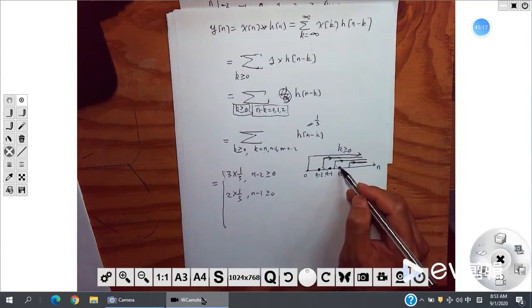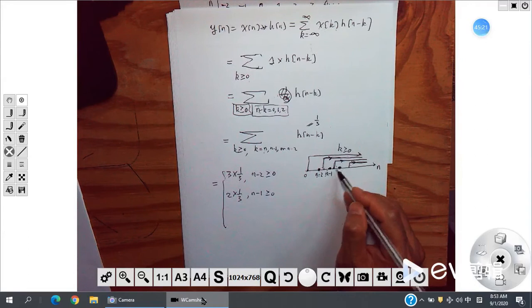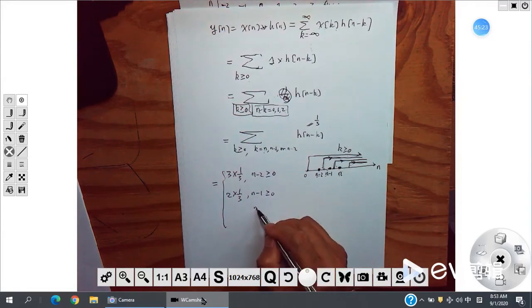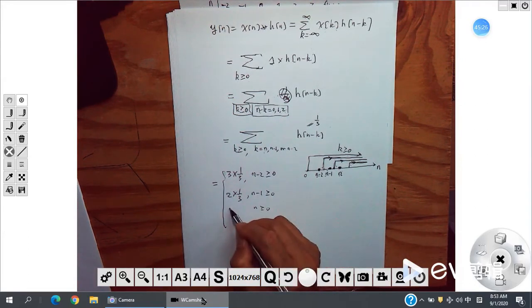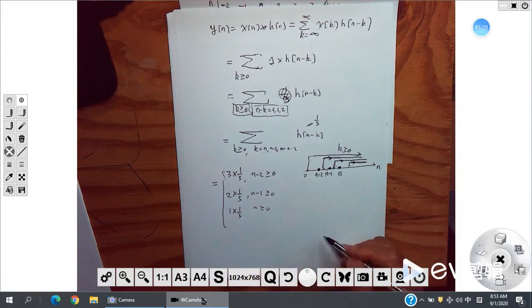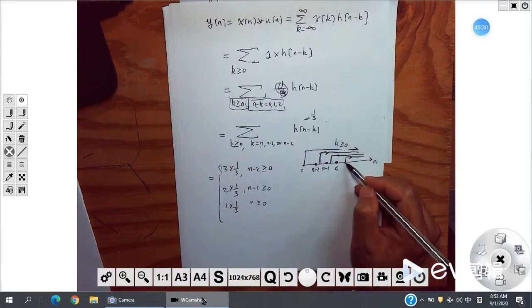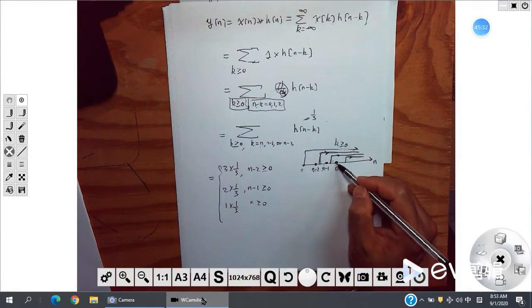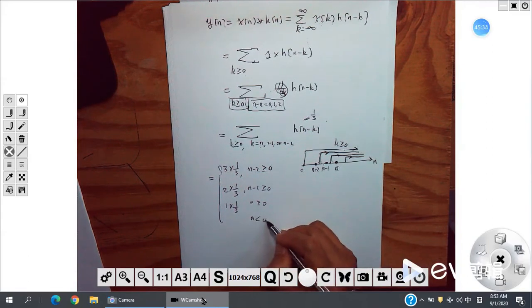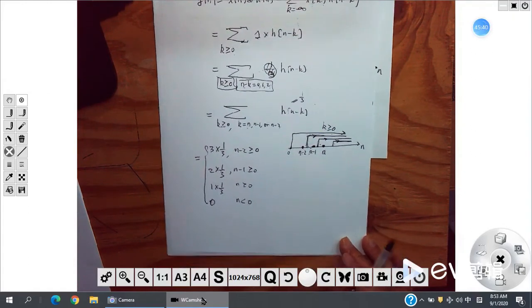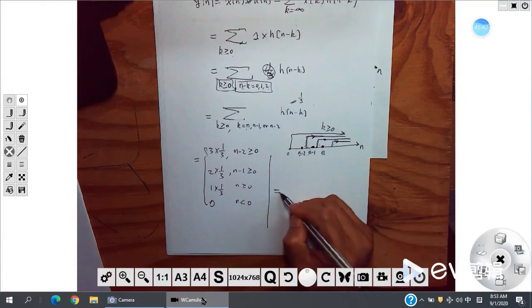And this one is the case n larger than 0. Now here's 0, n larger than 0. This is 1 of 1/3. Okay, the last one, n is smaller than 0. This is just nothing, right?